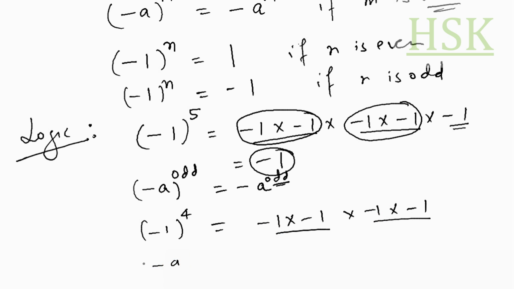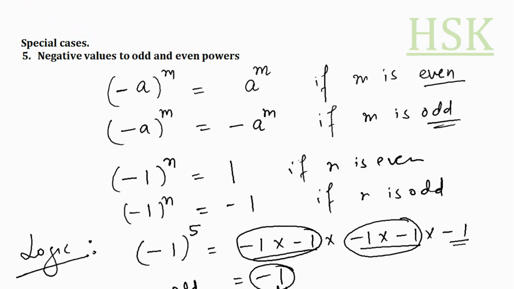So minus 1 raised to the power of an even value is equal to a raised to the power of the even value, and the minus sign would be removed. So this is the logic behind the result that the negative values to odd and even powers are solved.